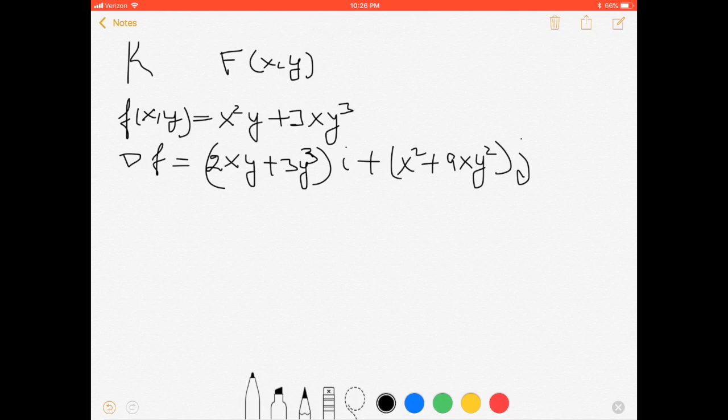The gradient of function f is a vector field because the function has two variables. This means it's a vector field in the plane.